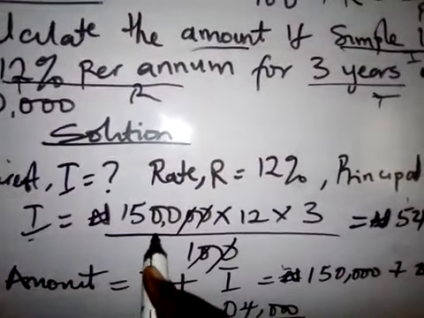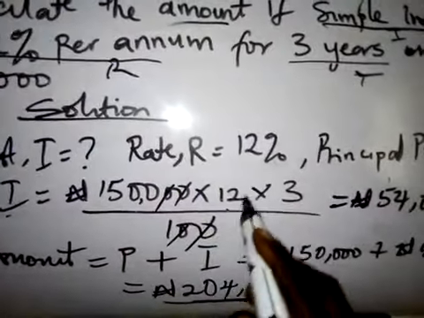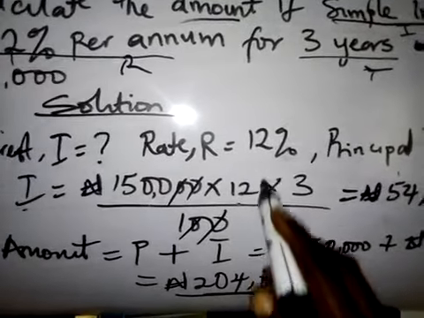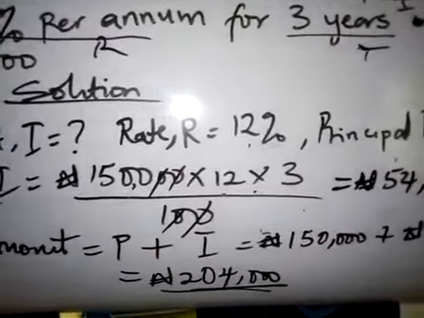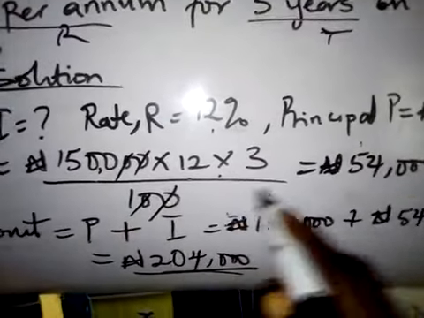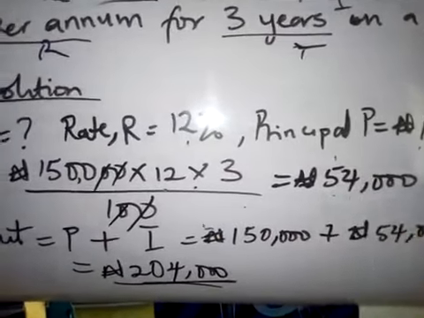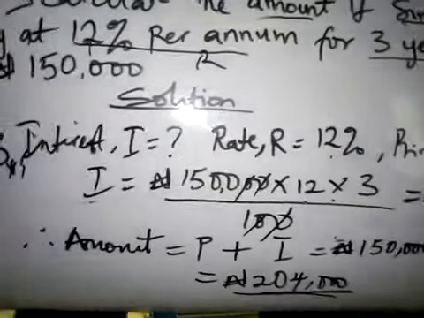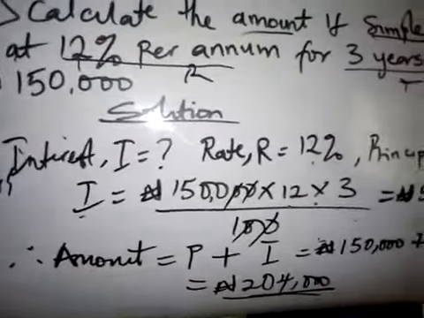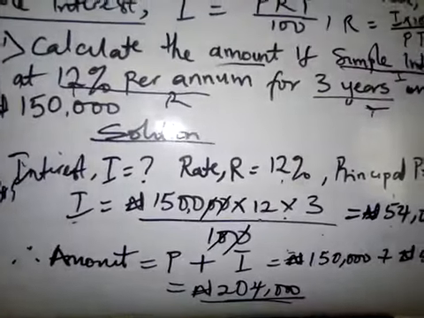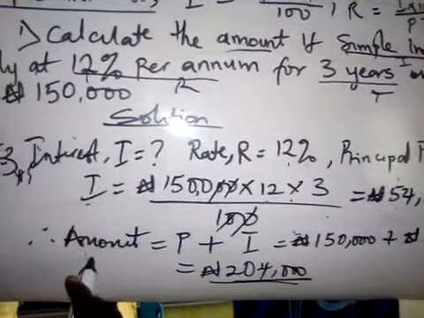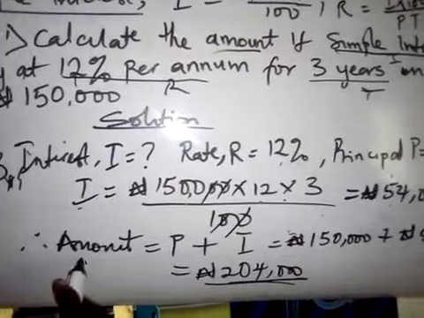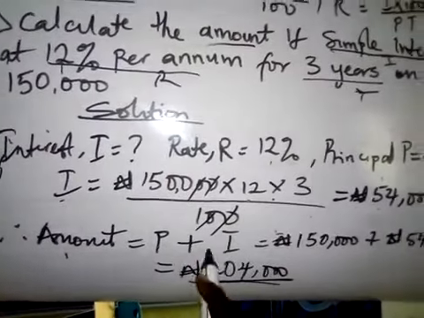So interest is our principal, 150,000, times R, which is 12, times 3, over 100. If you break it down, you have 54,000 naira. So 54,000 naira is our interest, or the simple interest. So for us to now get the amount, it is principal plus interest.